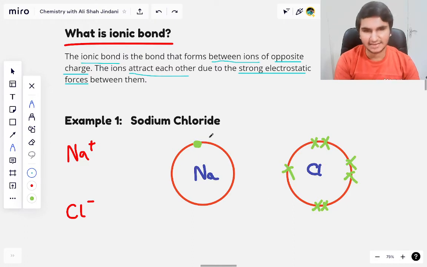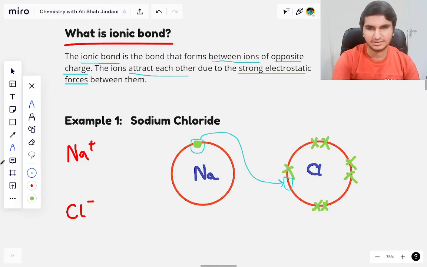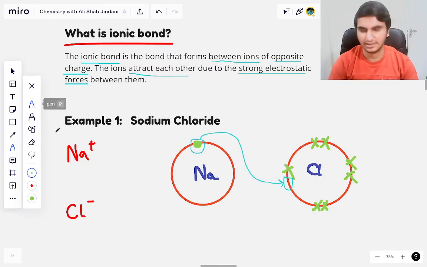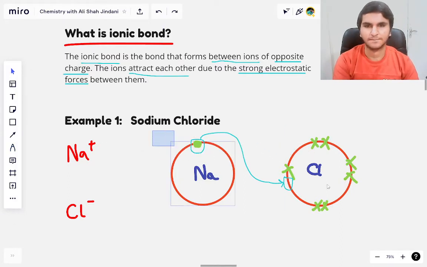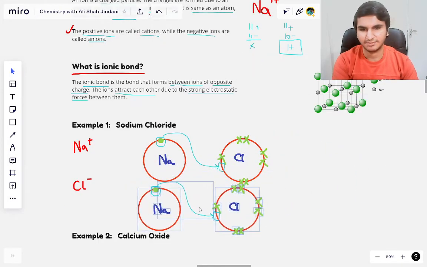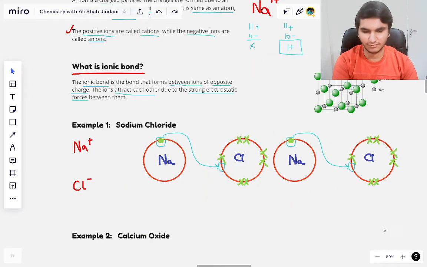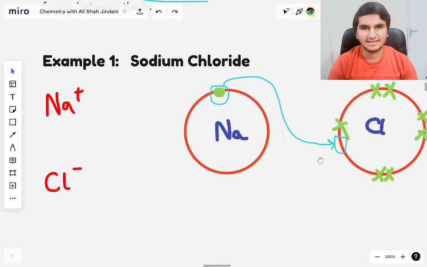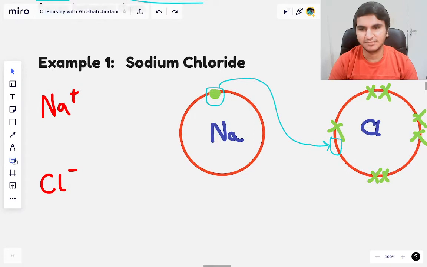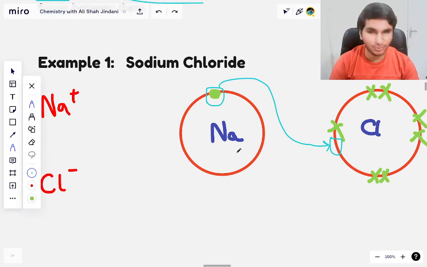So let me just copy paste this thing. If I were to duplicate this and explain to you, or maybe I won't duplicate because we're out of space. So this is before the bonding. After the bonding has taken place, what do we get? First of all, let's remove this arrow.